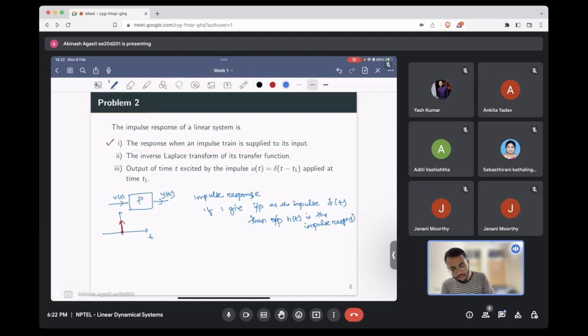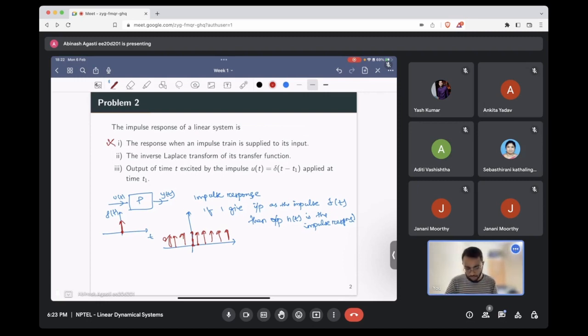The impulse train, on the other hand, is, as the name suggests, a train of impulses, something like this. It is a complete series of impulses spaced equally at regular time intervals. That does not give us the impulse response of the system, so this option is wrong.